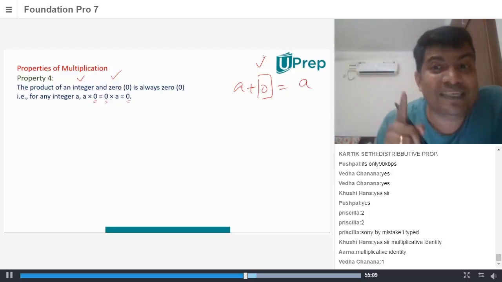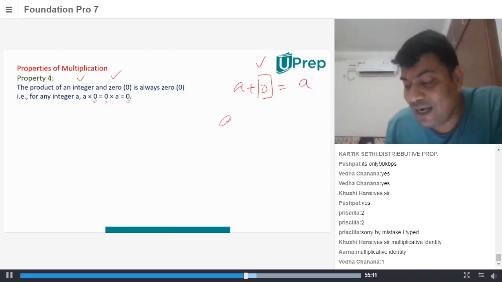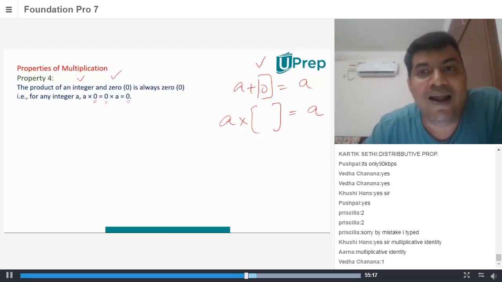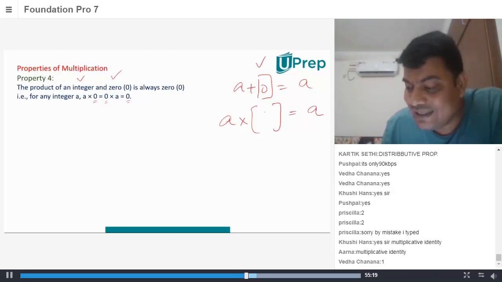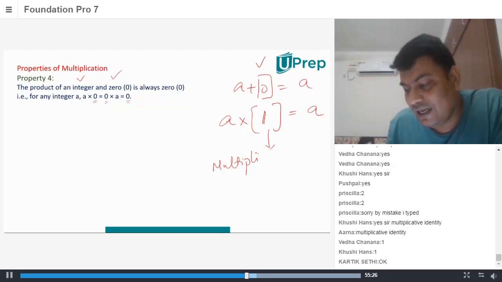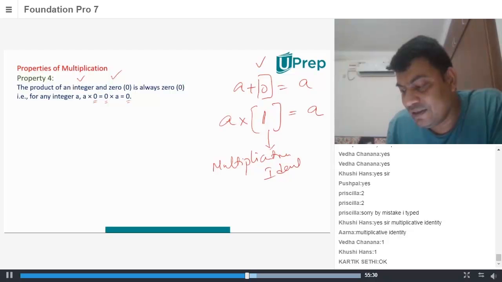So in a multiplicative identity, what should I multiply the number a with to give me the same number a? 1. Therefore, 1 is your multiplicative identity.